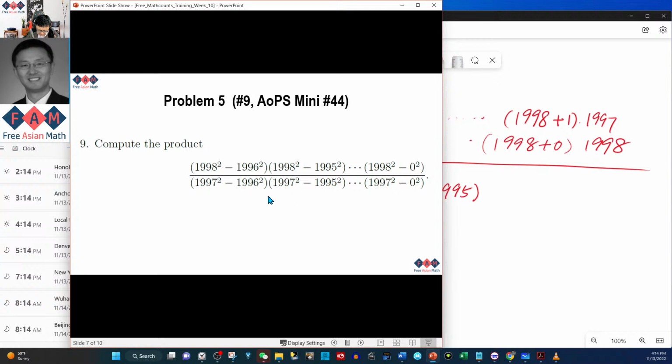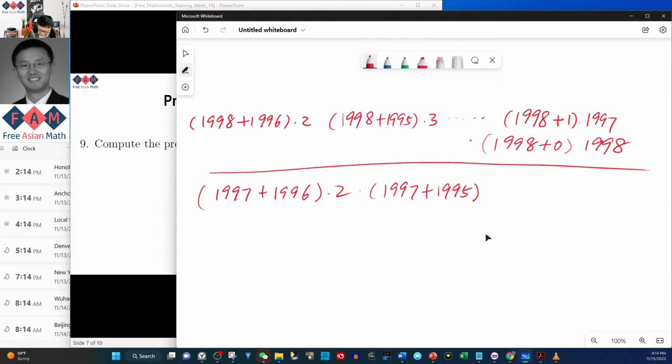I'm sorry, this one is difference 1, right? Times this times 2. Now you continue until you hit 1997 plus 1 times 1996. Then finally you have 1997 plus 0, that is just itself, times 1997.